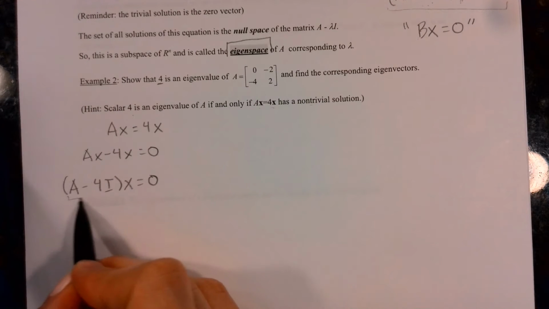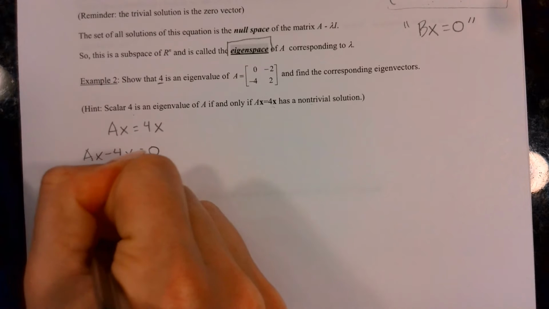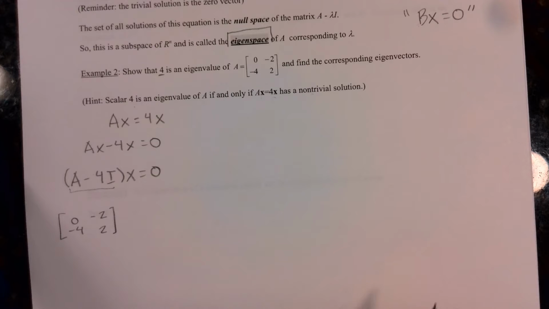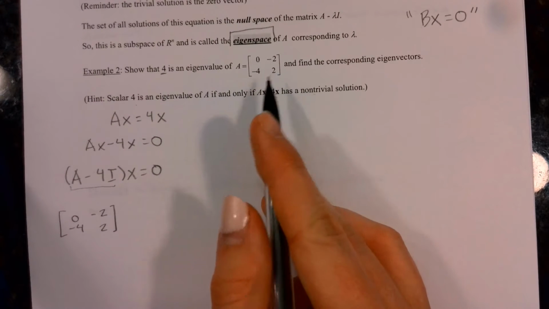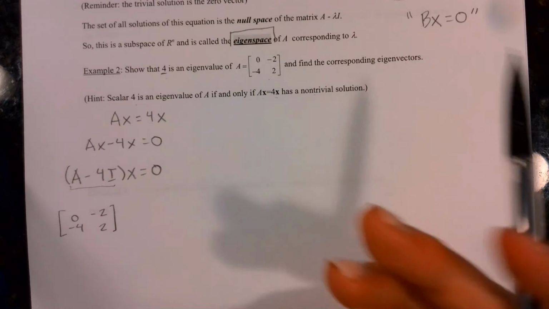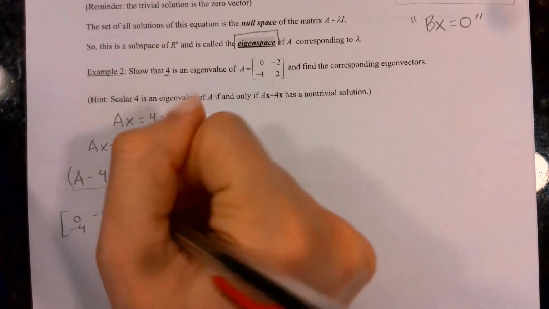Let's take a look at what this matrix is right now. A is 0, negative 4, negative 2, 2. I think this is the same matrix from example 1. So we're showing you that there is in fact another eigenvalue other than just negative 2. And I am subtracting 4 times the identity matrix.